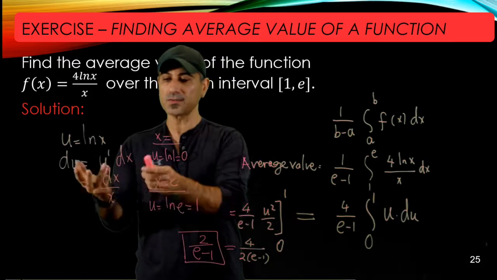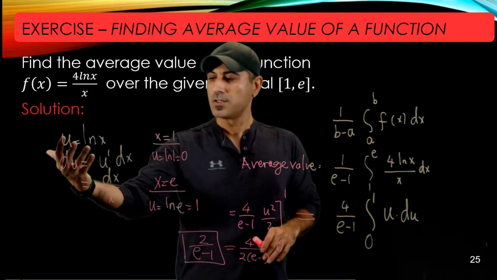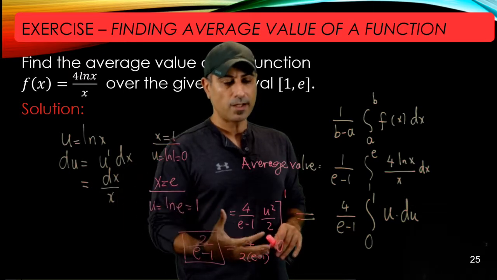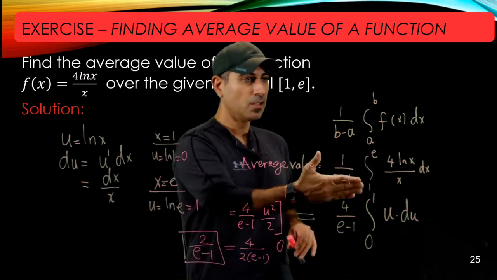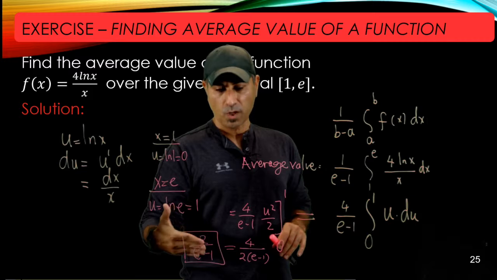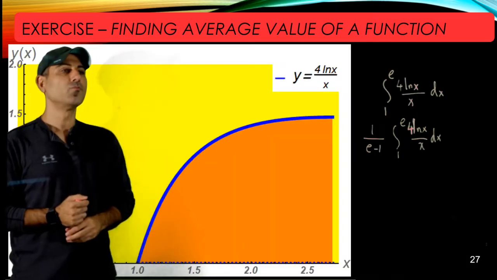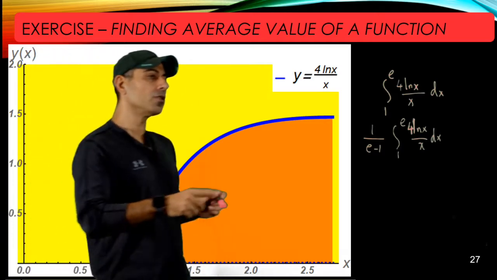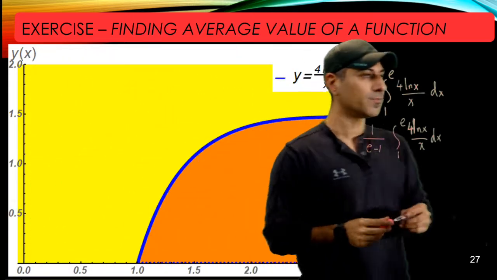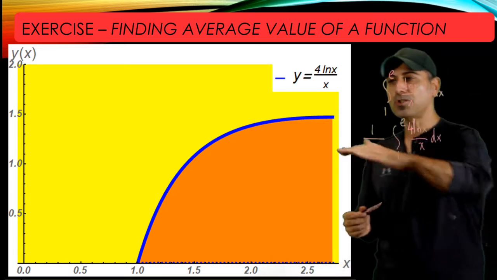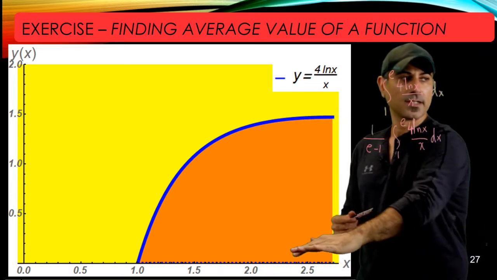As you see, this is sort of like the use of u substitution for the given integral together with switching the limits of the integral into the ones written for the u substitution. We know that the integral of 4 ln x dx from 1 to e is the area between the curve and the x-axis.